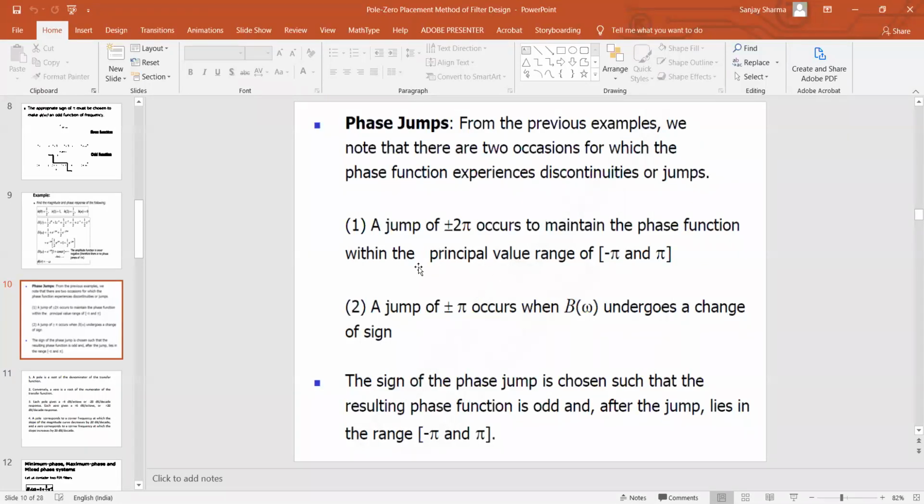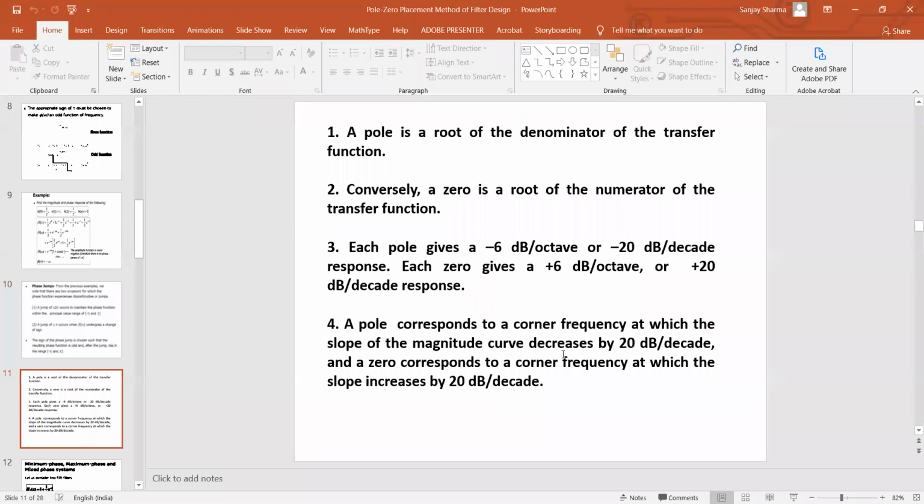So these two jumps you have to take care of when you try to draw the phase response of a system. I hope the examples will come in the next slides. If the examples come, I will talk about that. Right. Now this is extremely important. From here actually starts the pole zero placements in the transfer function.